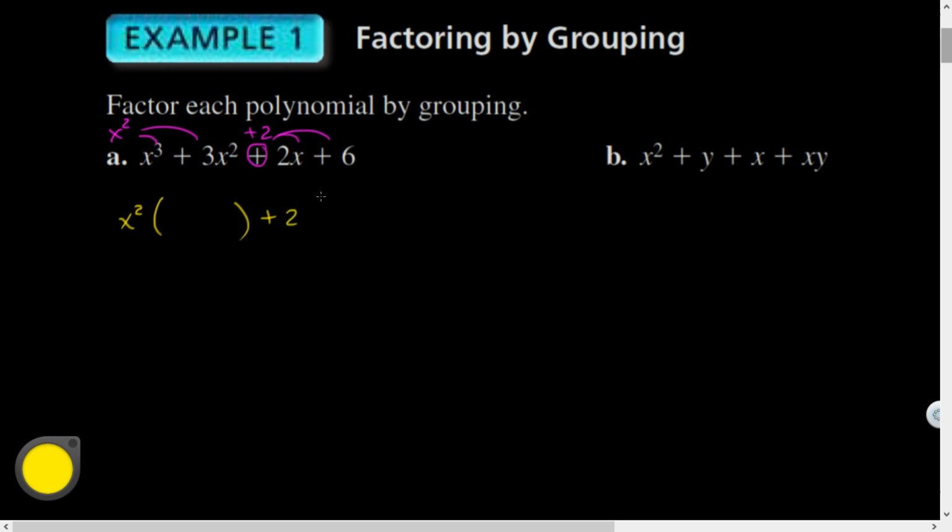So let's see, plus 2 on the outside, like so. And now I've got to figure out what goes inside these parentheses. X squared times what is x cubed? Well, x squared times x, because remember, if I multiply, I would add those exponents. 2 plus 1 is 3. And x squared times what would have been 3x squared? What are your guys' thoughts?